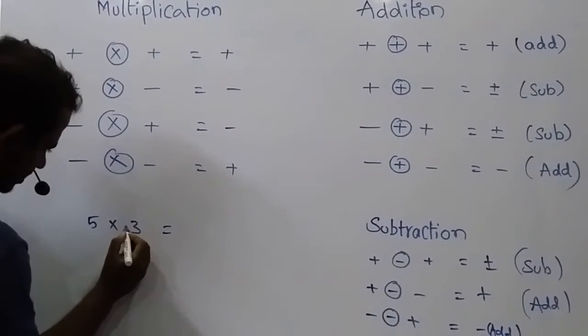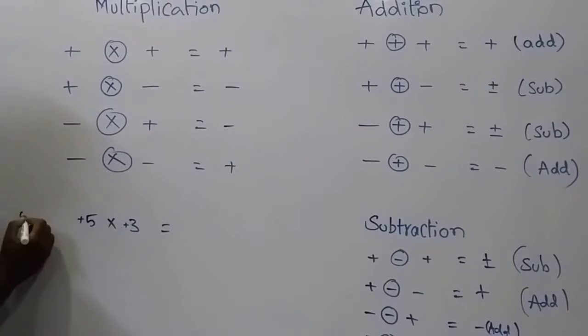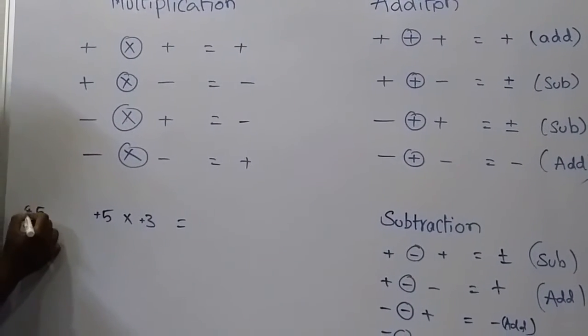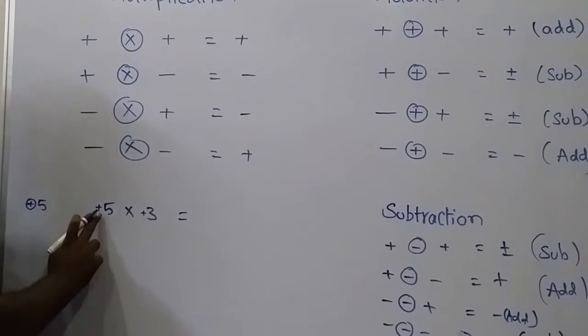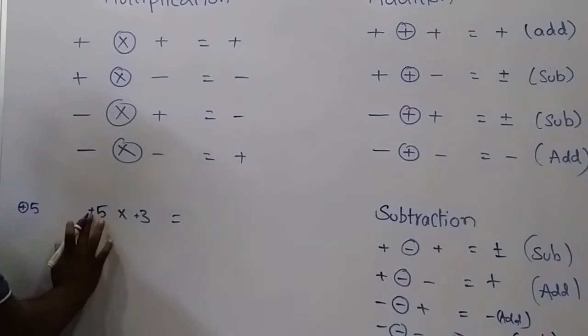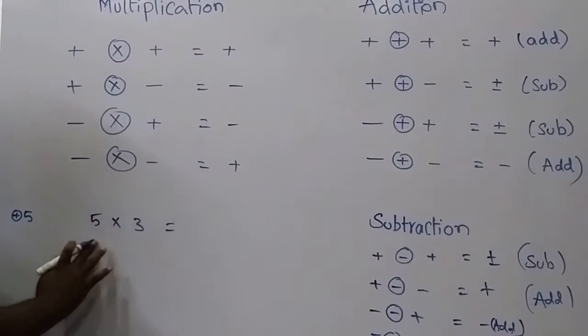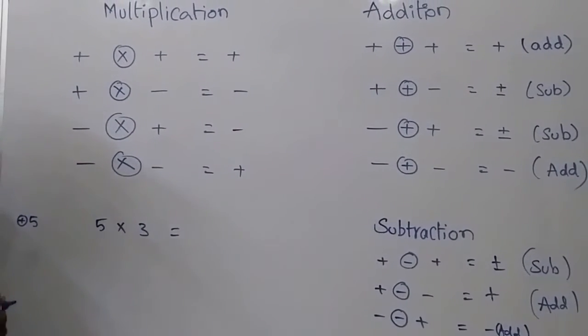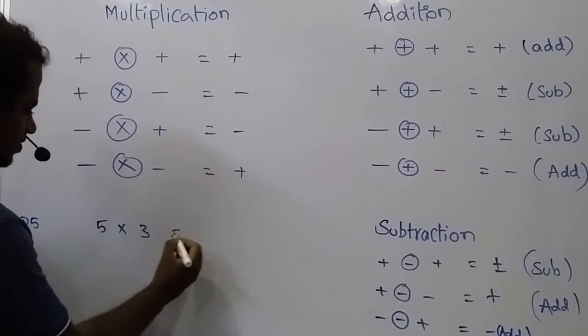If no sign is before a number, it is a positive number. No need to put a plus sign before a positive number. Only for a negative number do we put a minus symbol before it.